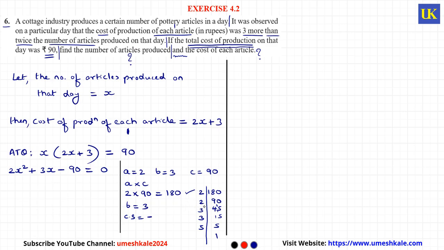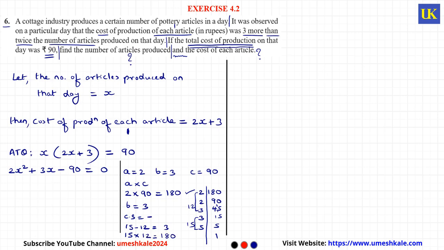So see here, 2 twos are 4, 4 threes are 12 and 5 threes are 15. So our two numbers are 15 minus 12 is 3 and 15 into 12 will give us 180.